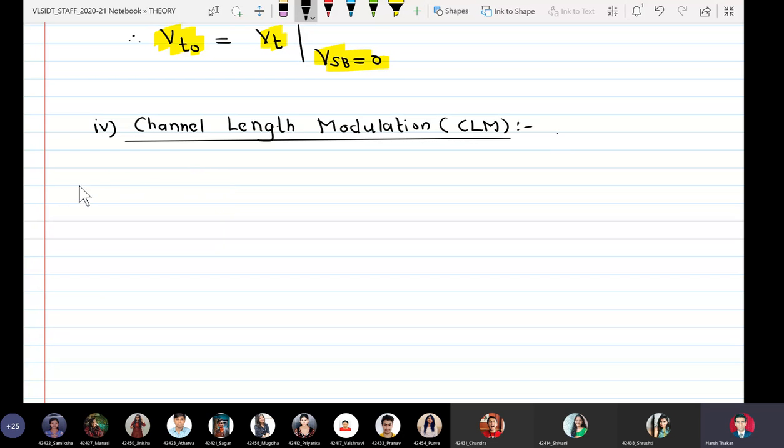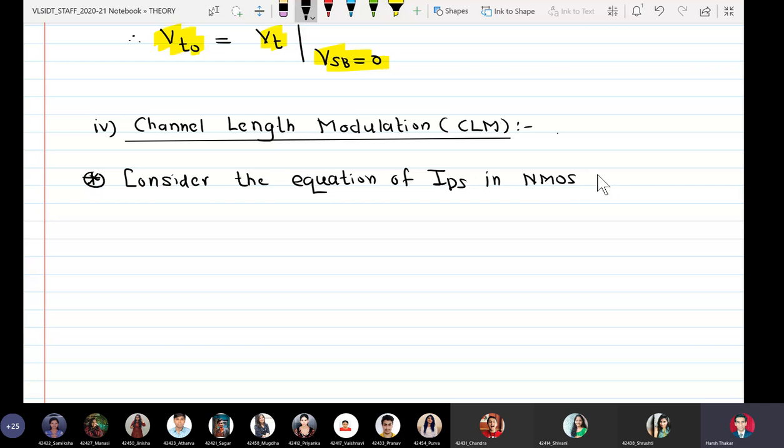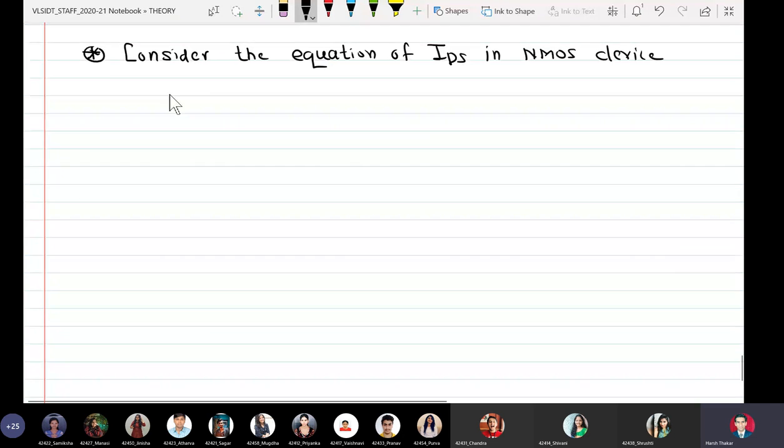Okay, so consider the equation of IDS in NMOS device for pinch off region.